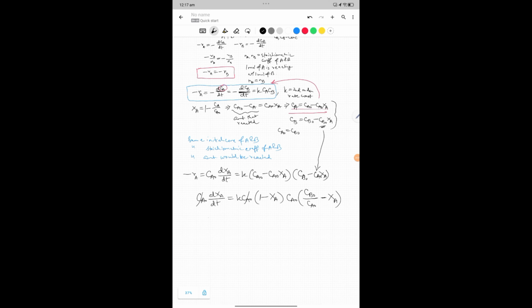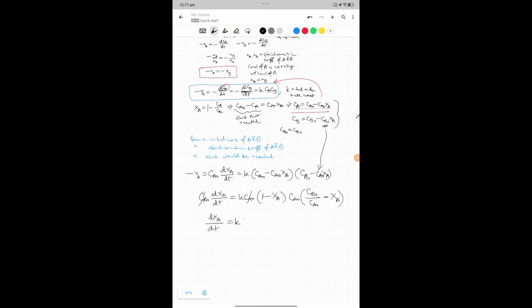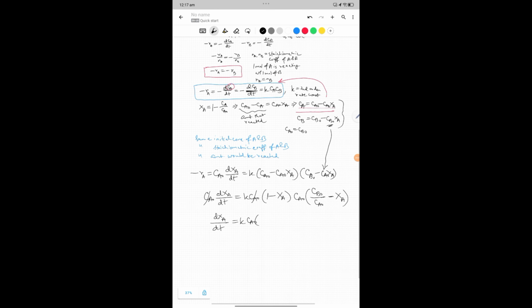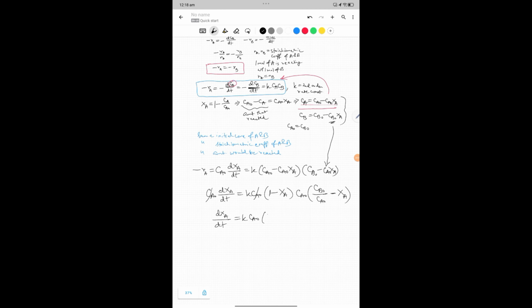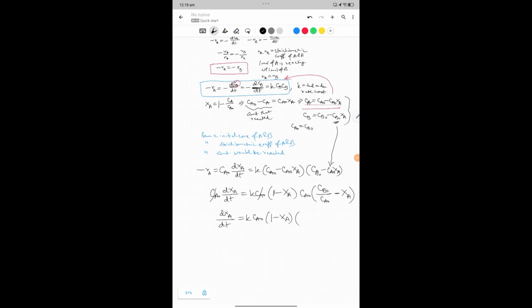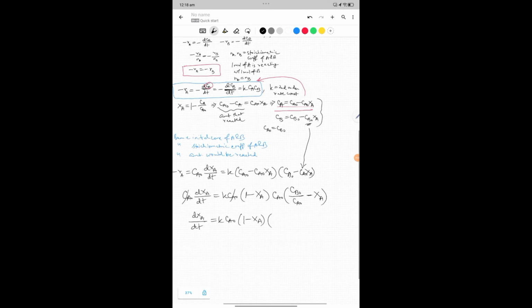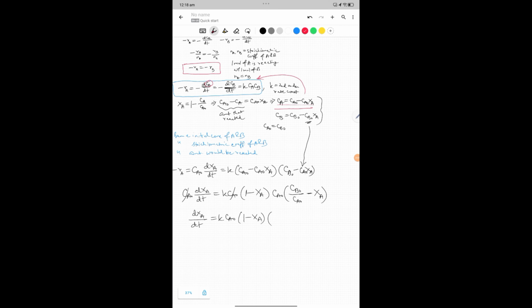So we have dXA by dt is equal to k CA0 (1 minus XA) into, and this CB0 by CA0 we take as another term called m, just for writing purposes. So we can write it as m minus XA.